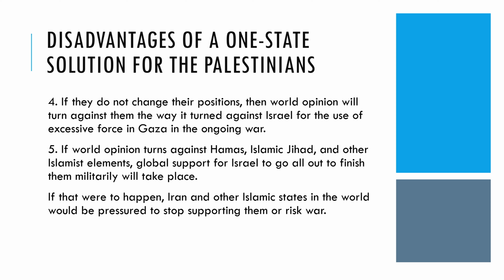If world opinion turns against Hamas, Islamic Jihad, and other Islamist elements, global support for Israel to go all out to finish them militarily will take place. If that were to happen, Iran and other Islamic states in the world would be pressured to stop supporting them or risk war.